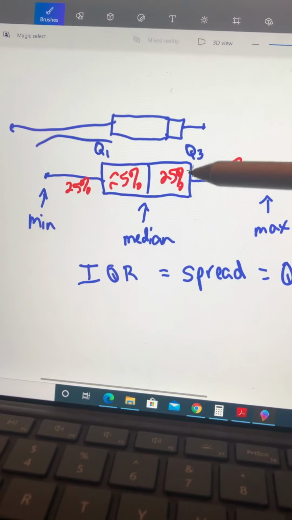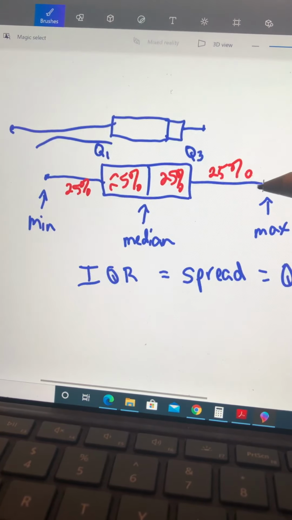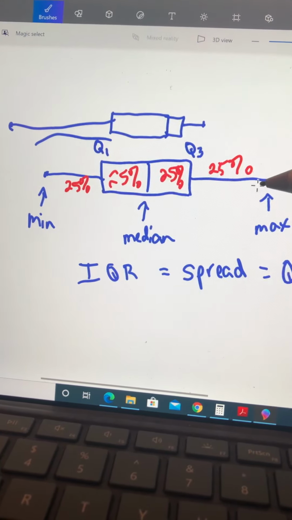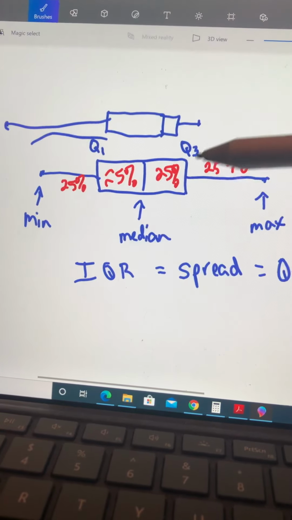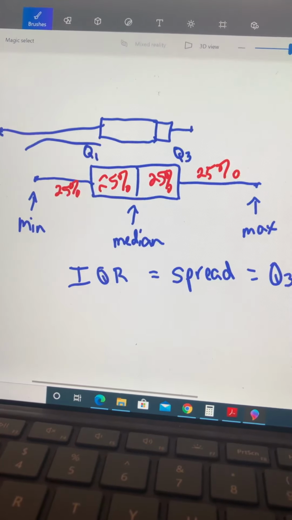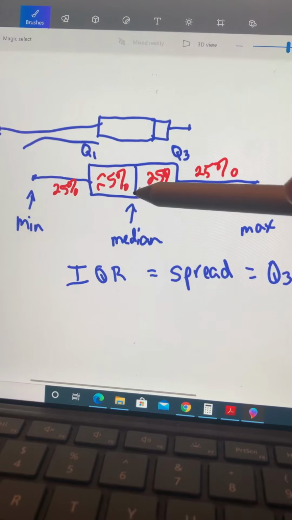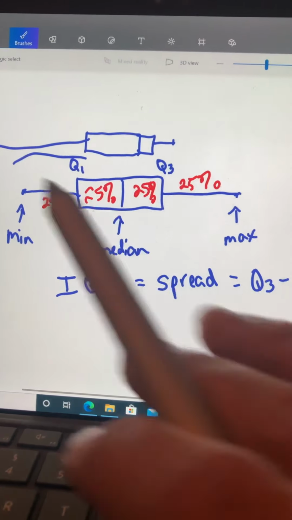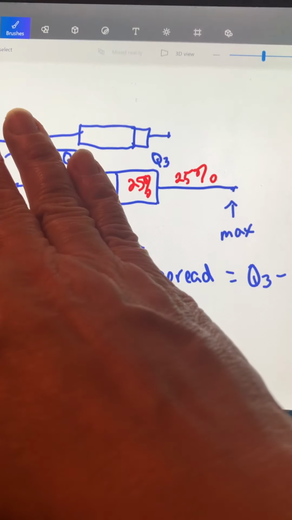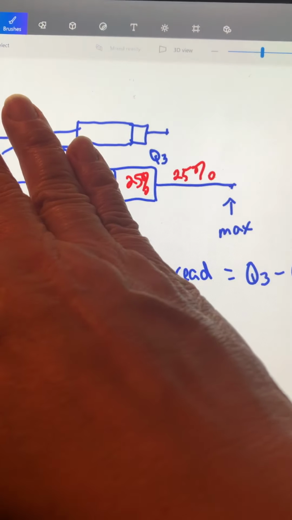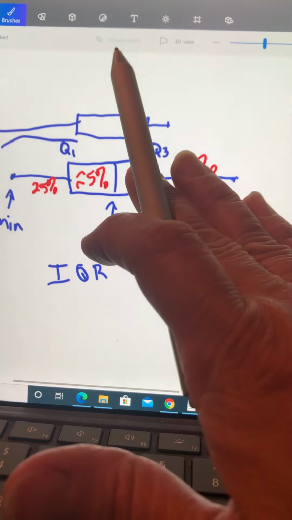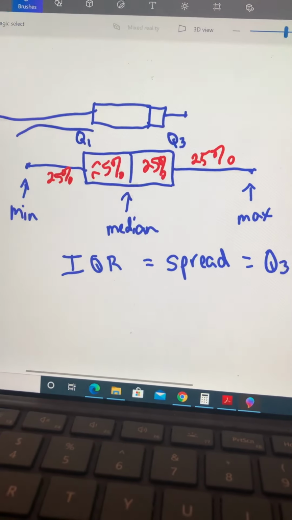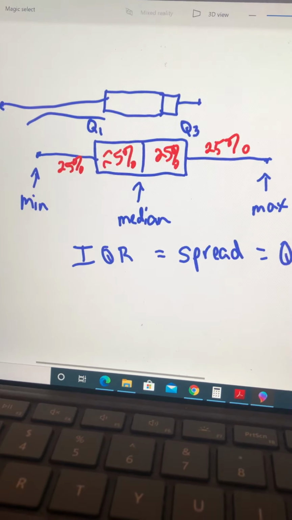And then Q3 would be the median of the top half, if you will. If all your numbers were lined up, you would have to do that to get the median anyway. So you would cover up the first half of the numbers and then find the median of the second half. And then for Q1, you would cover up the back half and then find the median of the first half.